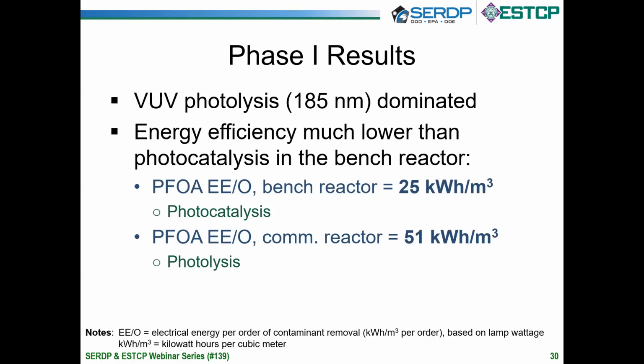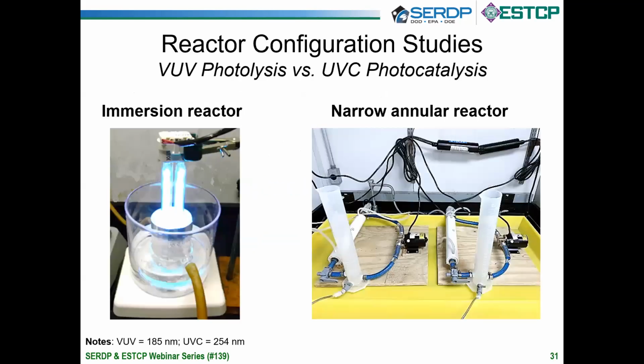So at this point, we started to move toward the concept of hybrid photolytic photocatalytic reactors, where we want to be aware of both of those processes and potentially optimize them both for better overall efficiency. So we started to do some comparisons between our immersion reactor, and then we constructed a scaled down version of the commercial reactor.